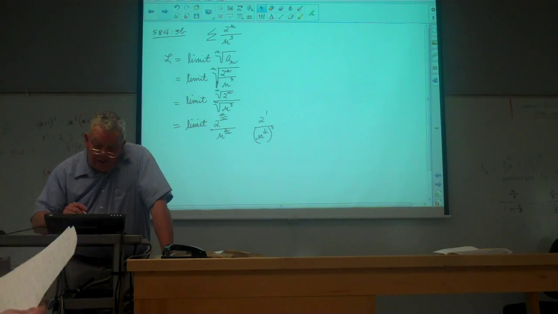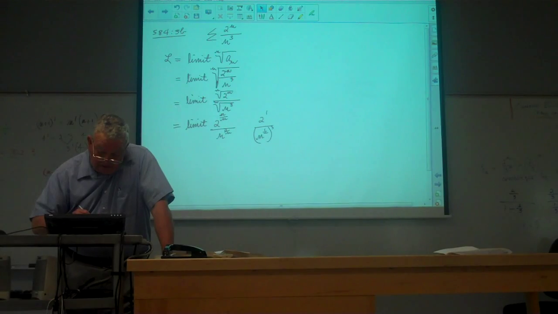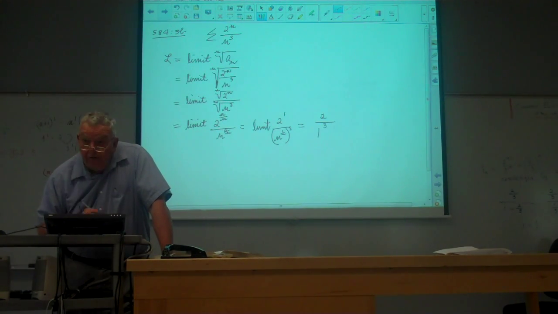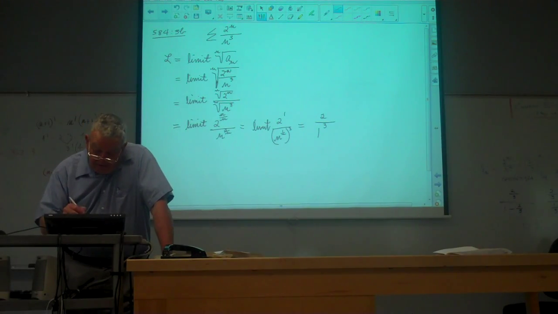When I first wrote it, I thought I was going to finish it right there, but I couldn't. And that's equal to the limit. Now I can finish it. I think this is equal to 2 over 1 to the third. Why?